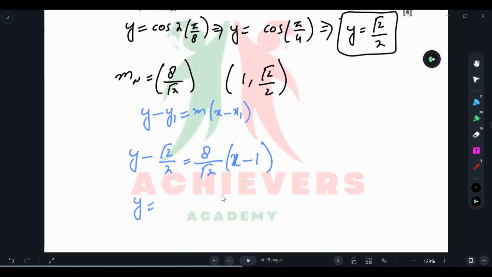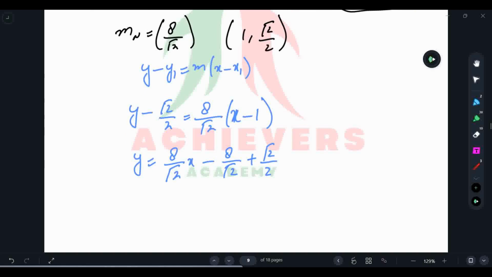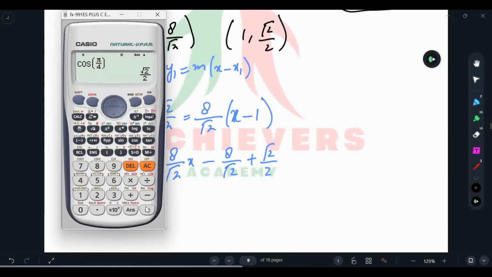So y will be equal to 8 by square root of 2 x minus 8 by square root of 2 plus square root of 2 by 2. If we simplify it, square root of 2 by 2 minus 8 by square root of 2 will be equal to minus 7 square root of 2 by 2.